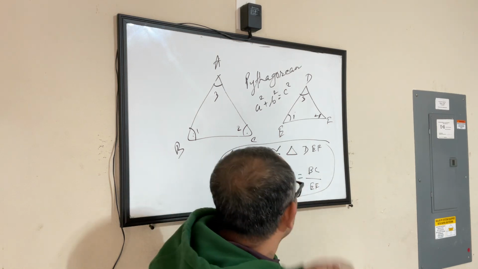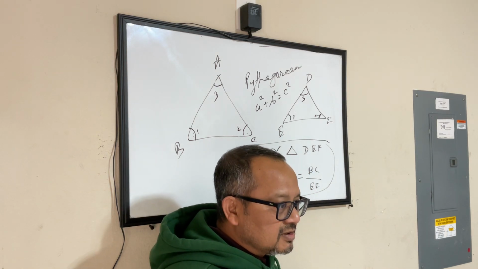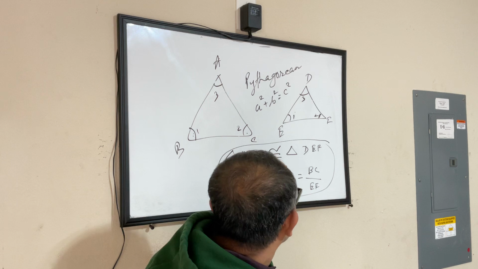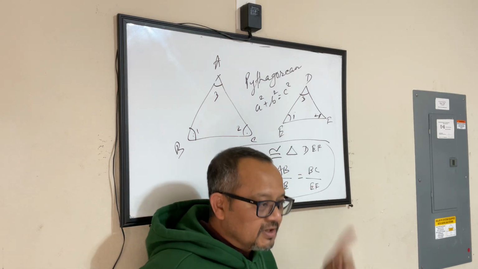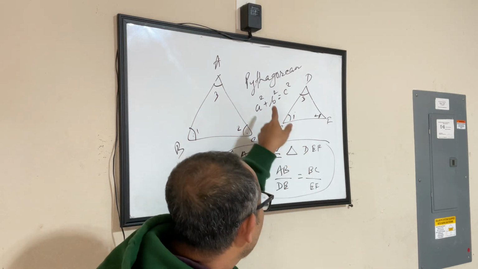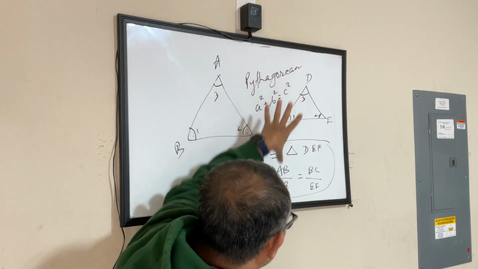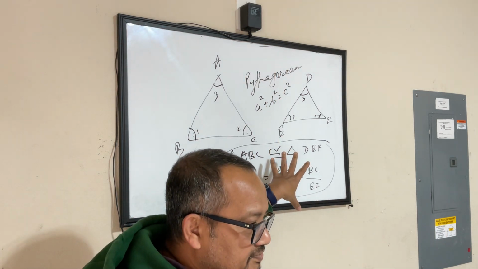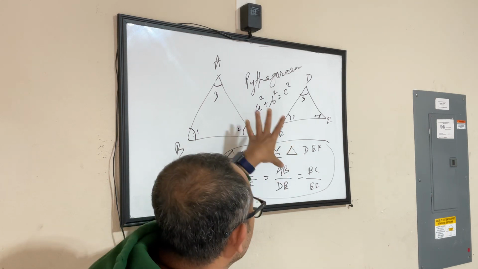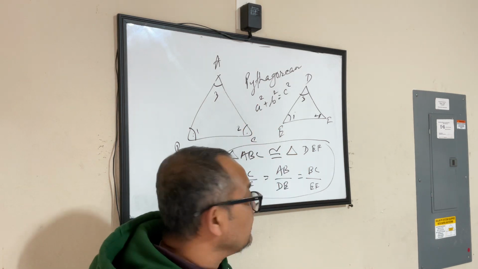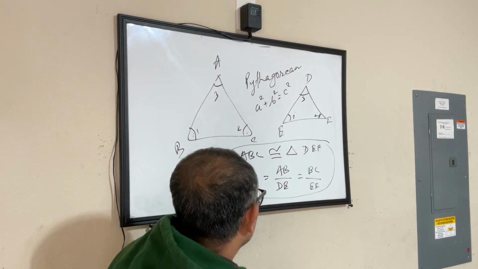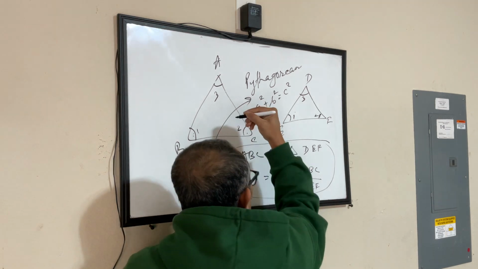Pythagoras is just another person. Why would I believe him, just because he has given me a theorem? No. We can always prove that. And the Pythagorean theorem's core also lies in this concept. So if you understand the similarity of triangles concepts, you can relate that to prove this.